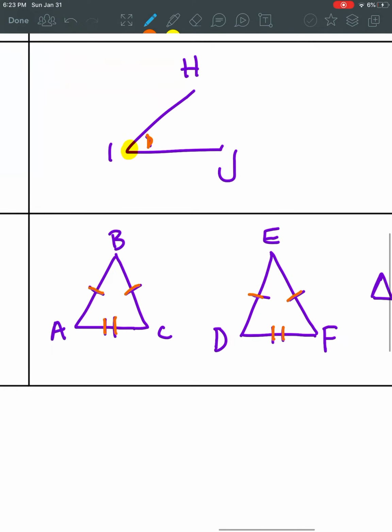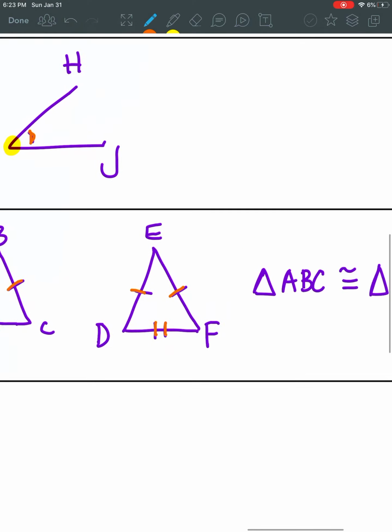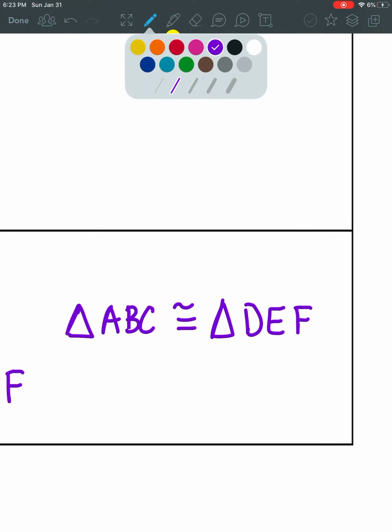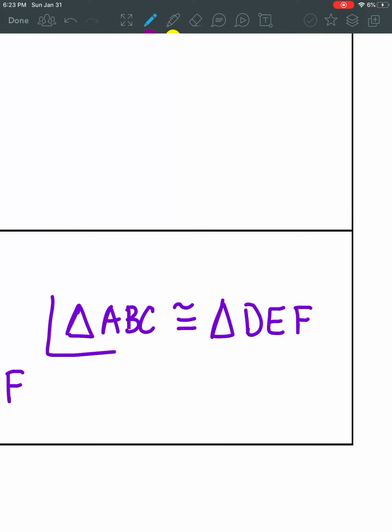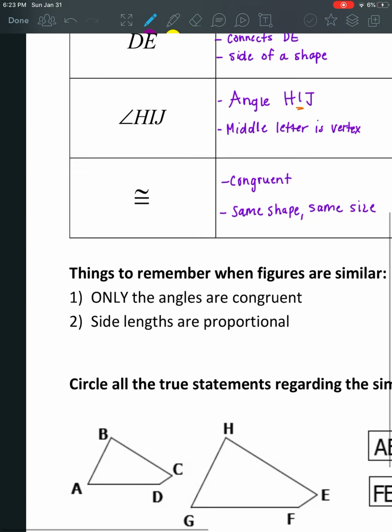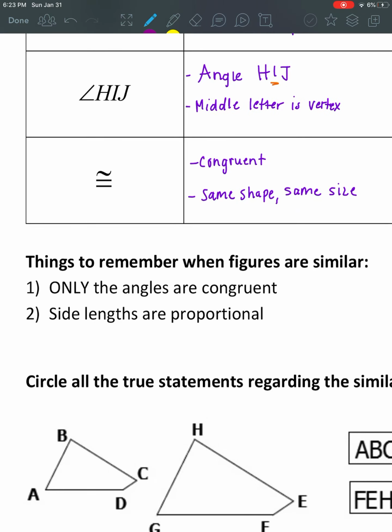All of those are the exact same side measurement. Now this one that has two, it's a different side measurement, but it's the same as that bottom one over here. All the angles would be the same as well. And then again, our similarity statement is saying triangle ABC is congruent to triangle DEF.